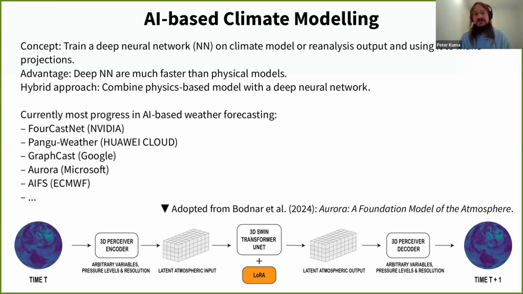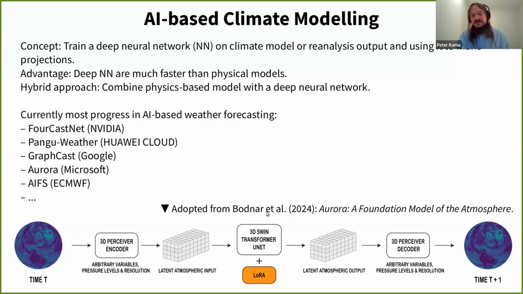So now I want to briefly mention AI-based climate modeling. That's an emerging topic in climate modeling, and there are many different ways to do it. But one of the main ones is where breakthroughs are happening in weather forecasting, and they're using encoder decoder types of neural networks, which take a state of the atmosphere or ocean at time step 1, let's say, and apply the neural network and get time step 2, time step t plus 1 here.